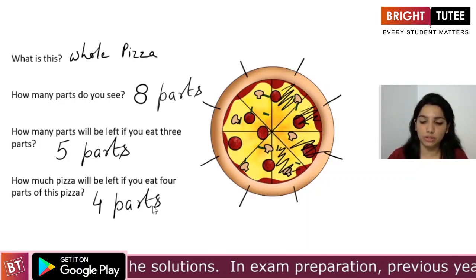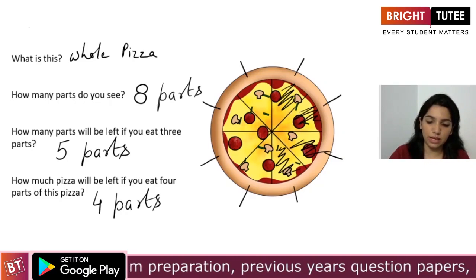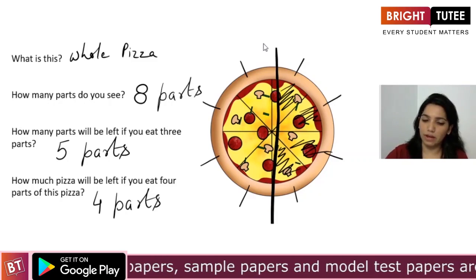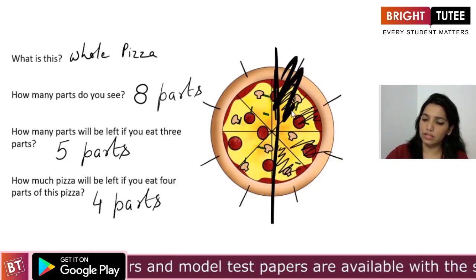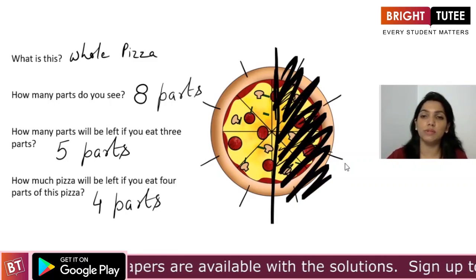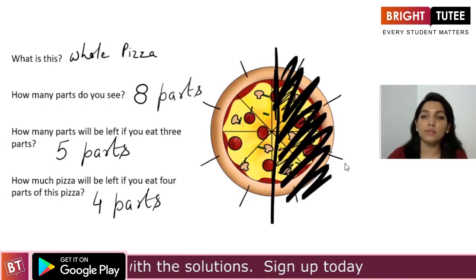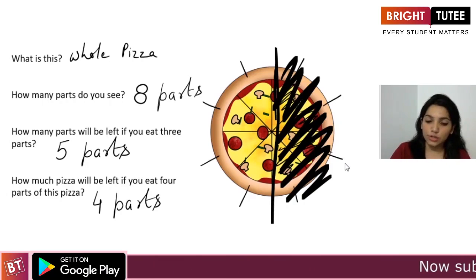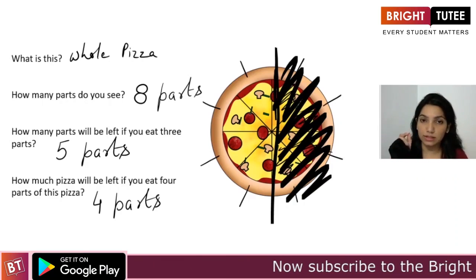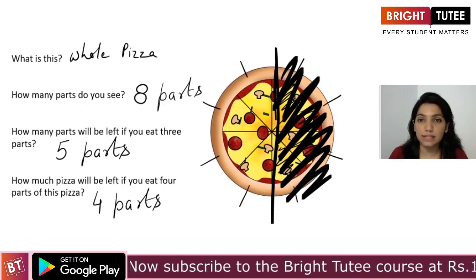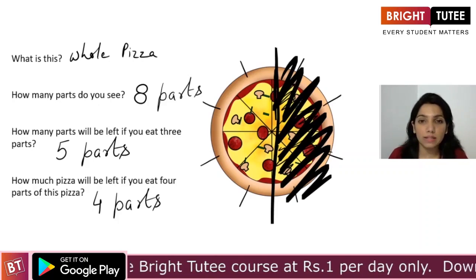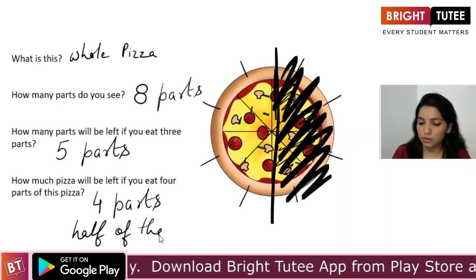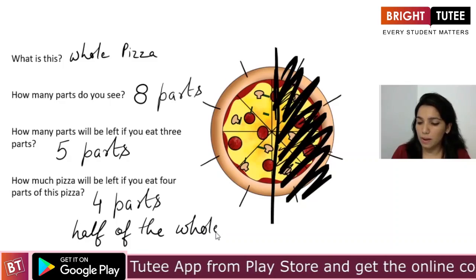Now look into the image that is in front of you. If you have had all this part, you have had everything that is on this side. Suppose here you don't even see anything. So what do you see on the other side? Do you see exactly half of the pizza? So out of 8 parts, if we see only 4 parts, it is basically half of the whole pizza.